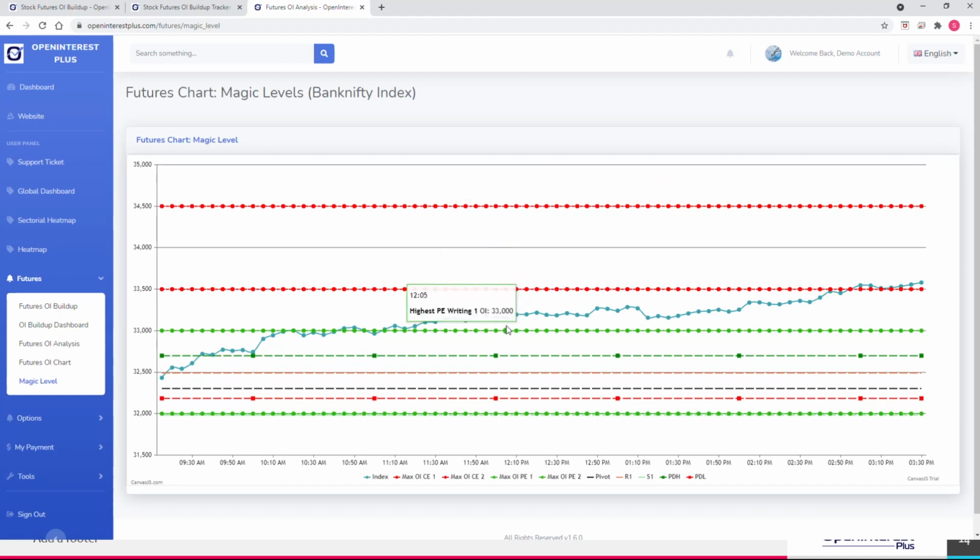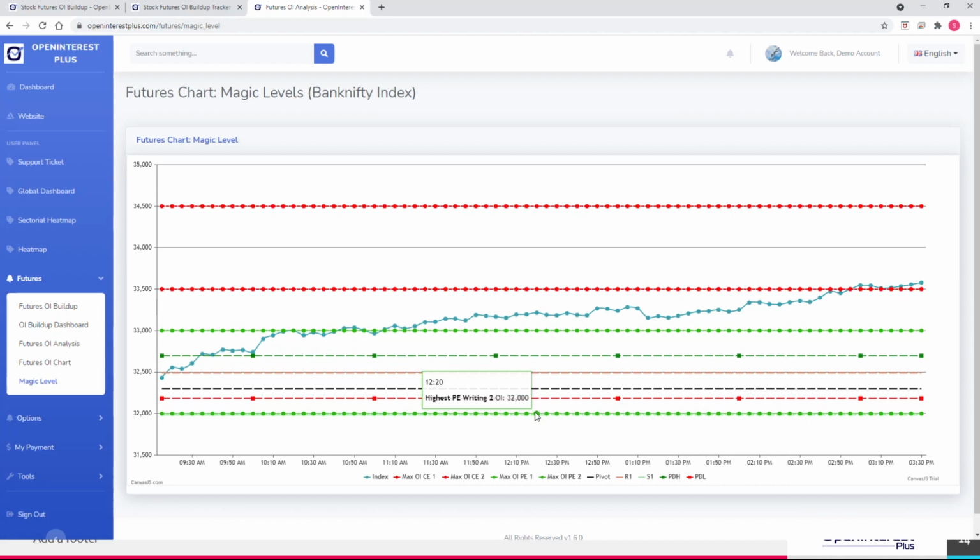At the same time, what is interesting is the put writing. If you look at the maximum put OI, put 1, this is the maximum put writing at the 33,000 level, and since morning they have not moved. Their support is at 32,000.